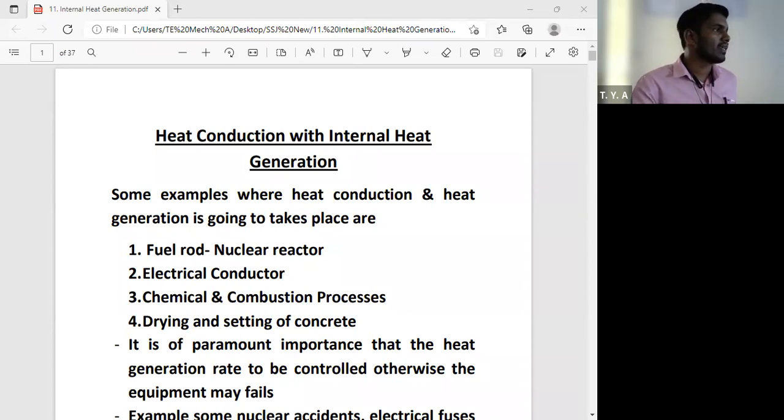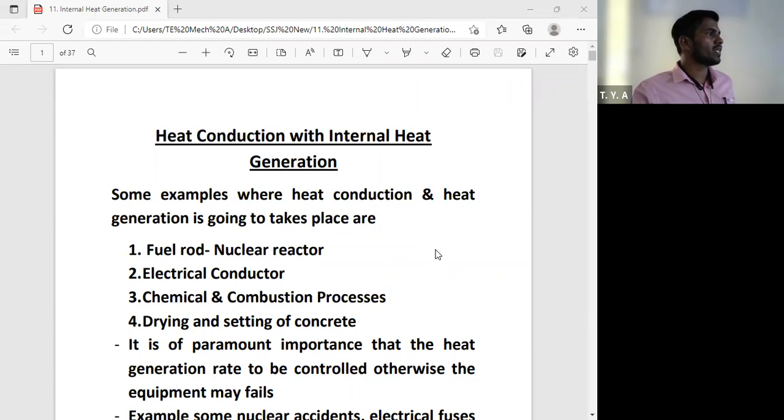So what is meant by critical radius of insulation? Anyone? Rishikesh, what is the meaning of critical radius of insulation, or critical thickness of the insulation?